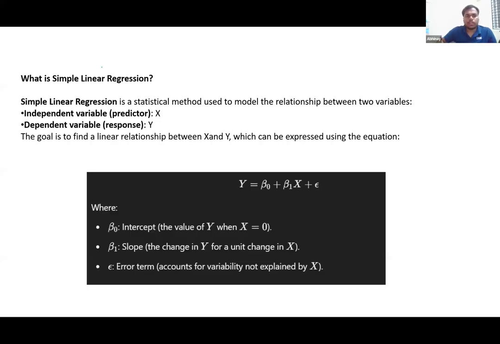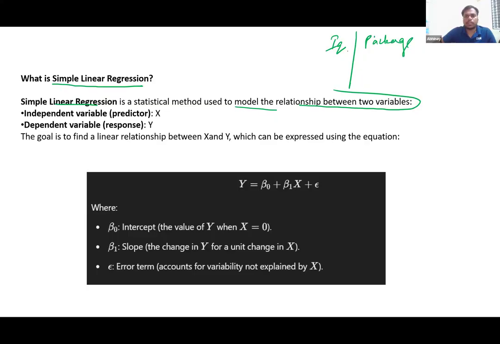Now, starting with this, what is simple linear regression? Simple linear regression is nothing but a statistical model used to develop the relationship between the two variables we have, just like we have taken our IQ and package.